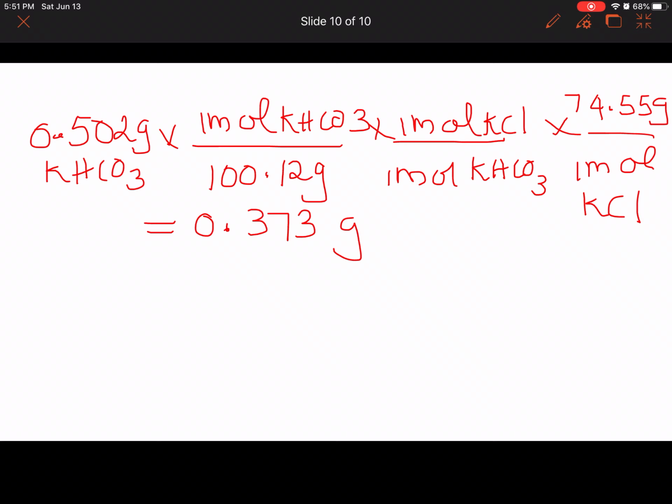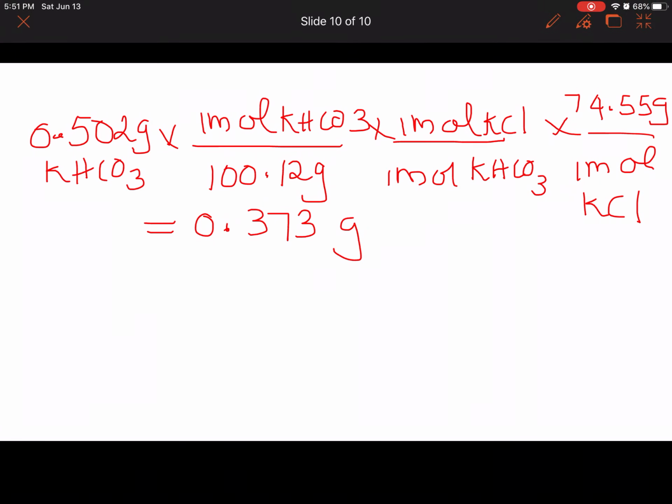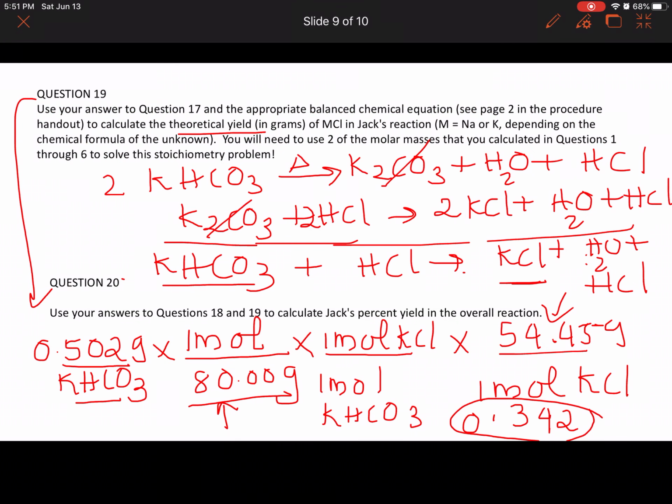That is the theoretical yield, and this is question 19. Okay, we have to do that because that's not the correct number. That's not the correct number either. So then I cannot erase this because I saved it. Okay, so that should be your theoretical yield.